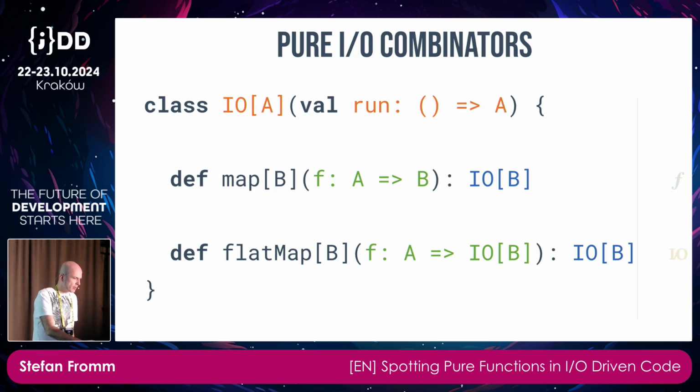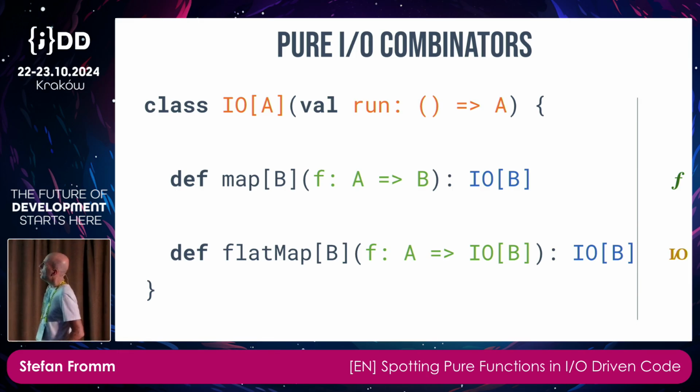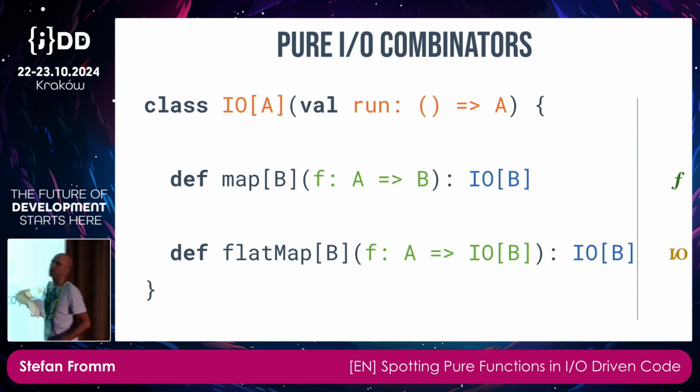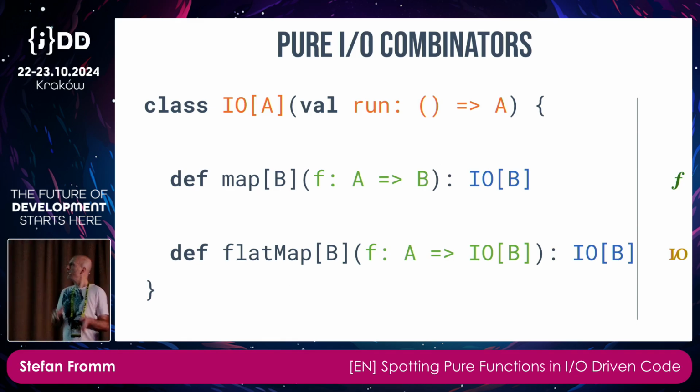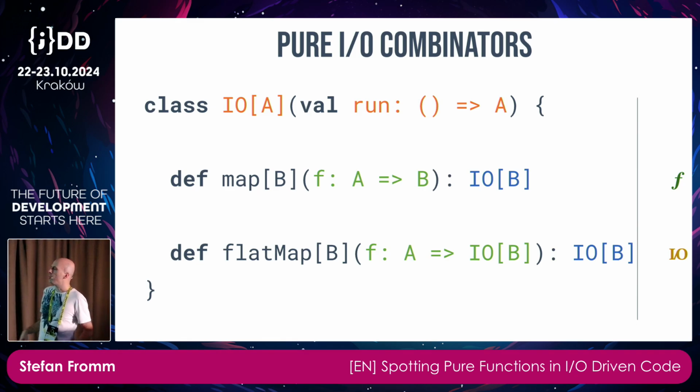You see that in the first case, map is for pure functions. I pass in a function that maps an A to a B. In the second case, I pass in a function that maps an A to a new effect descriptor. So the second one is for doing IO.